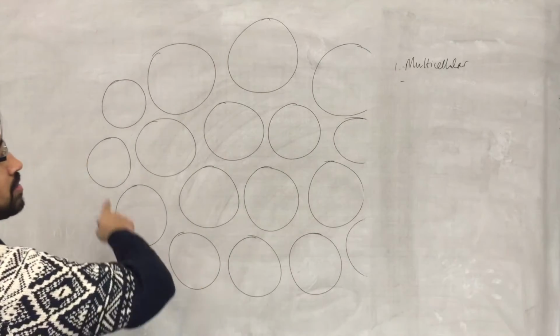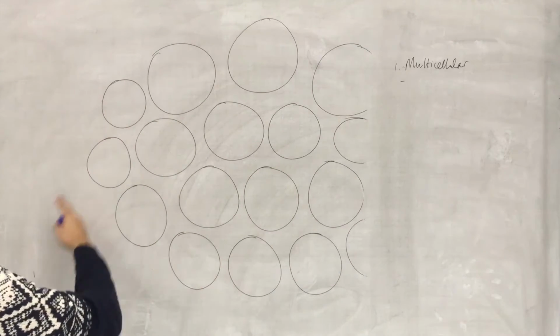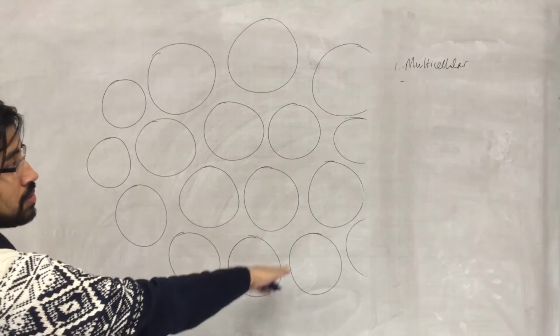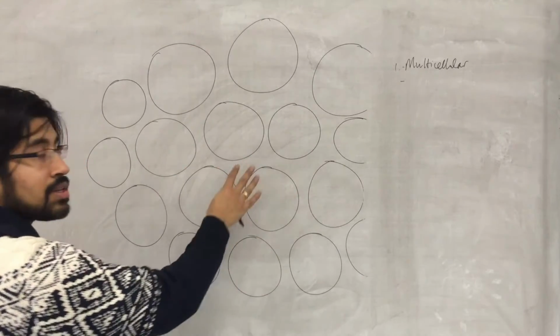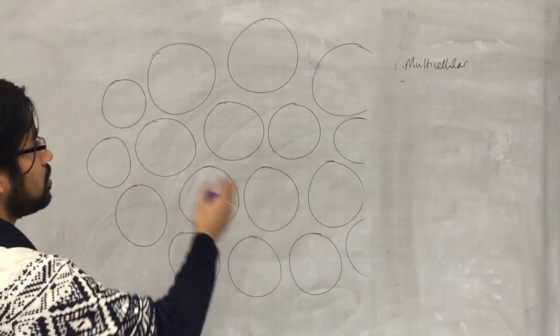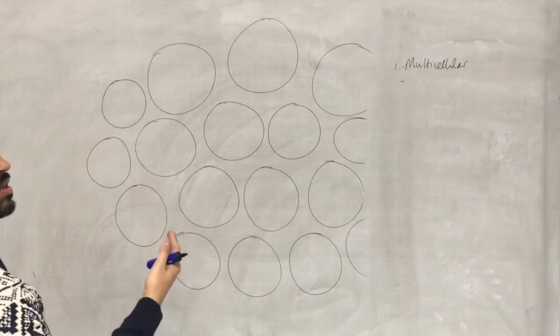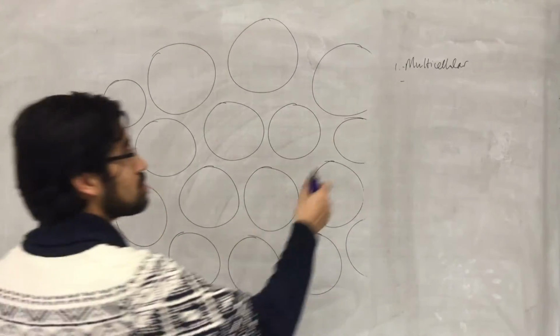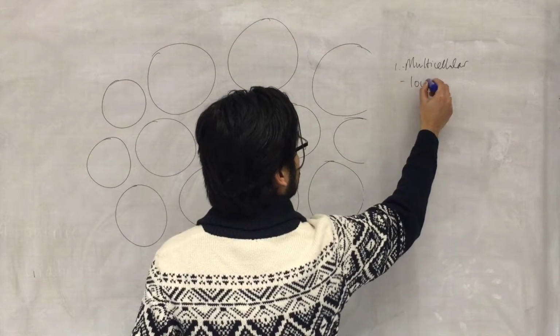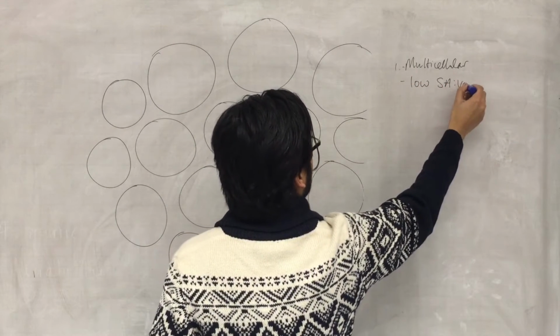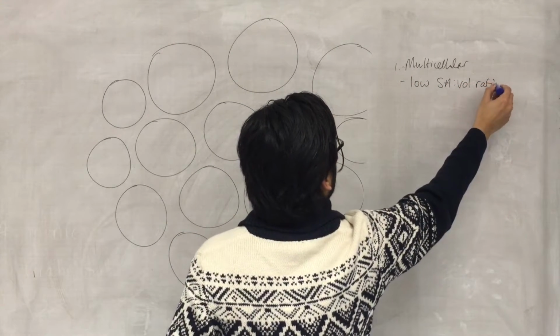These cells on the surface can exchange freely with the environment. However, the cells in the interior cannot. So effectively that's saying that this organism has a low surface area to volume ratio.